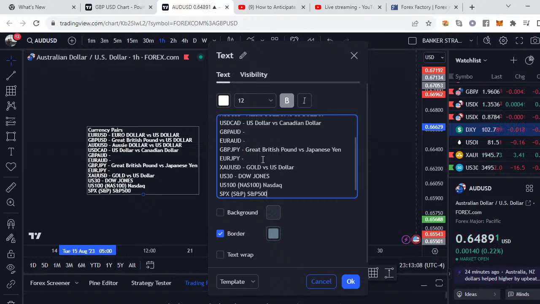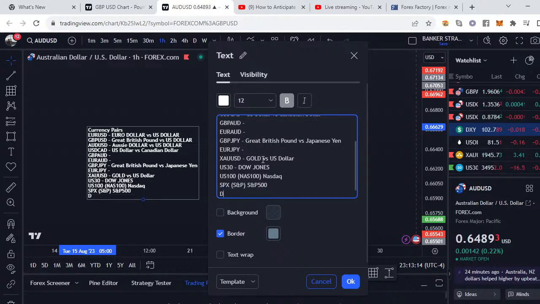There's a whole bunch of currency pairs. If you type it in, it will come up. And then the DXY. We'll get more into the currencies a little bit later. These are the majors that I put up. DXY is the dollar index, the US dollar index.